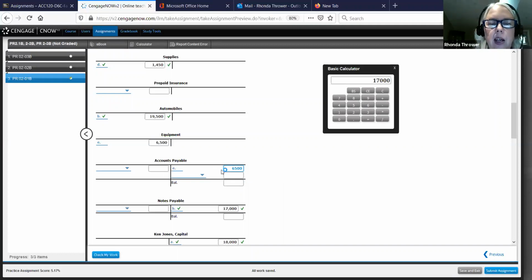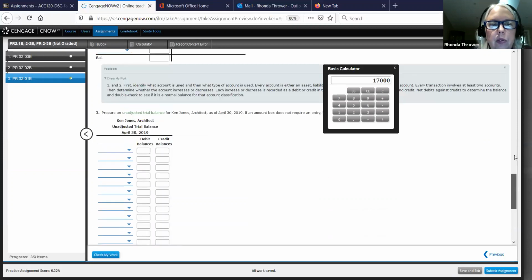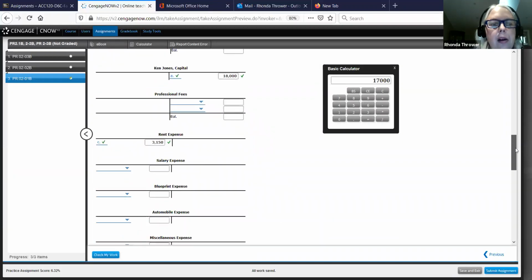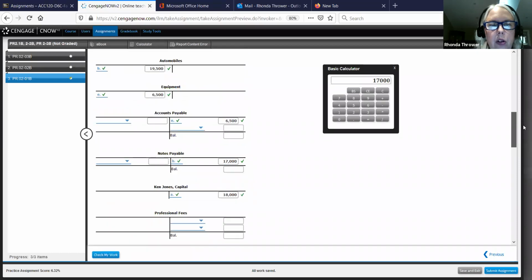Notice I put it on the right side of the account because the credit side increases our liabilities. Our liability account is accounts payable. So check your work. And you can see here that it gave me the green mark, so we can go on to the next transaction.